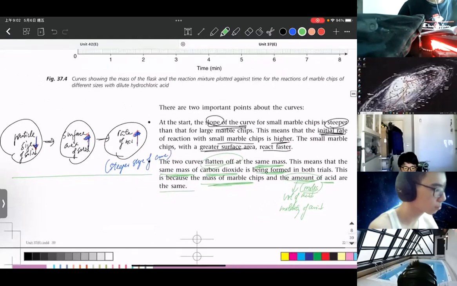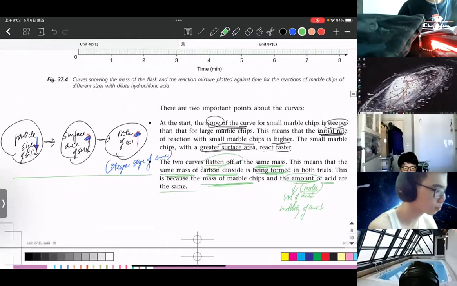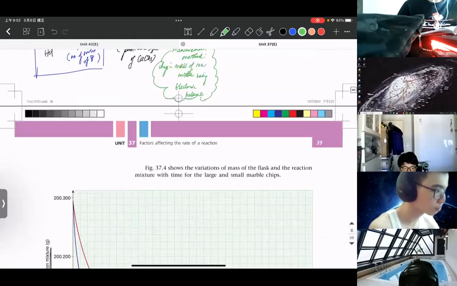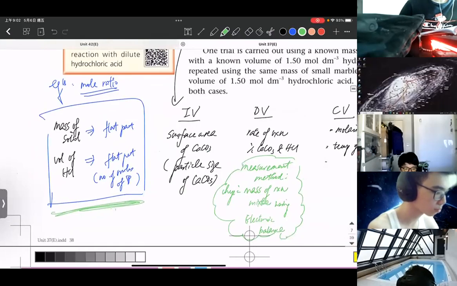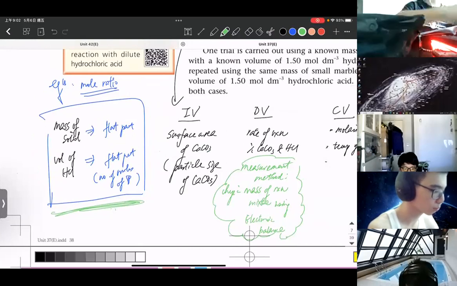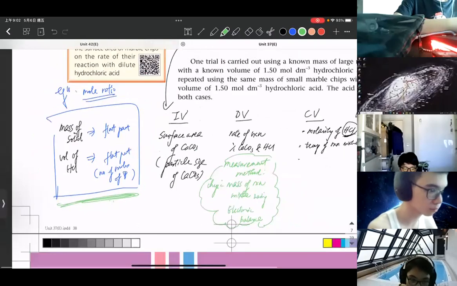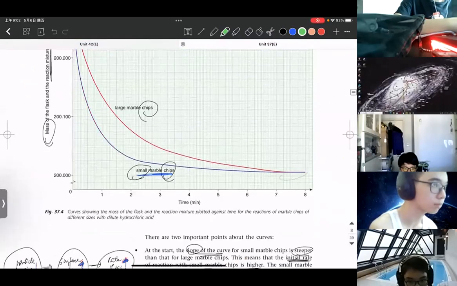So go back to the original statement, okay? You may see some of you suggested mass of solid and volume of HCl to be considered as controlled variables. However, it is not. These two factors will only affect this part, how high or how low it is.